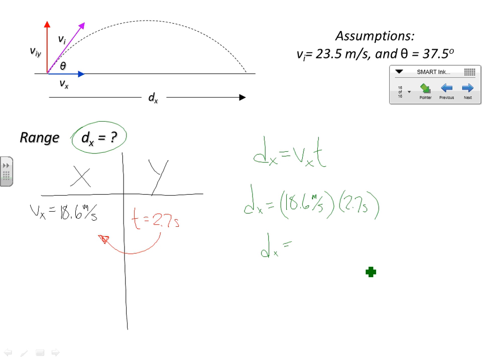Equals 50-ish meters. Boom. This one looks super easy, right? Well, it is, as long as you've gone through the trouble of finding t. Finding t is probably the hardest one.